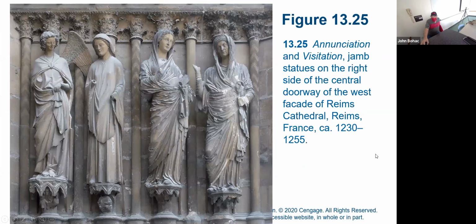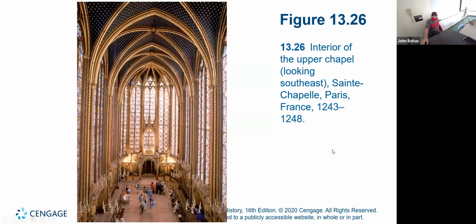Anyway, and as we get farther and farther into it, these statues, as I was saying, that began kind of stiff and kind of formulaic, actually start to develop much more in the way of personality. We're still not up to the kind of depictions we saw in ancient Greece and Rome, but it is changing.